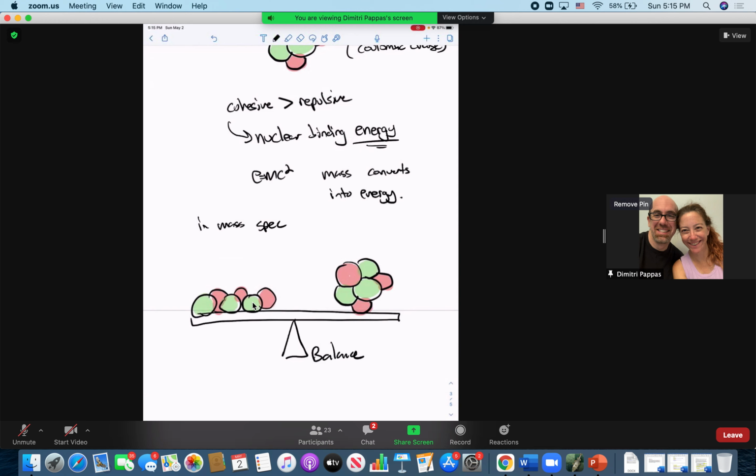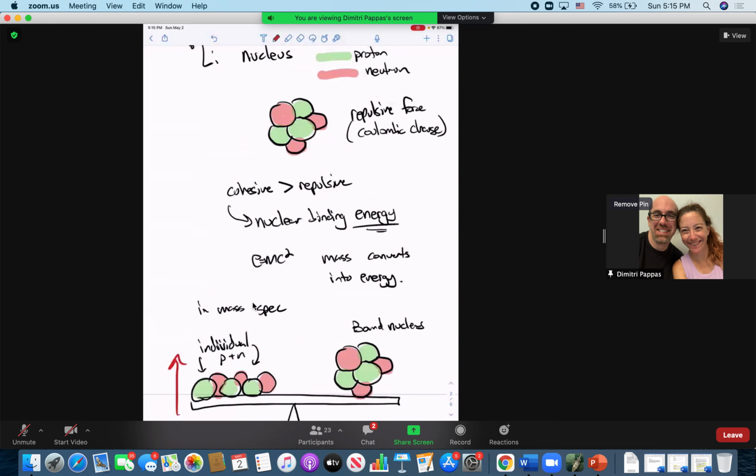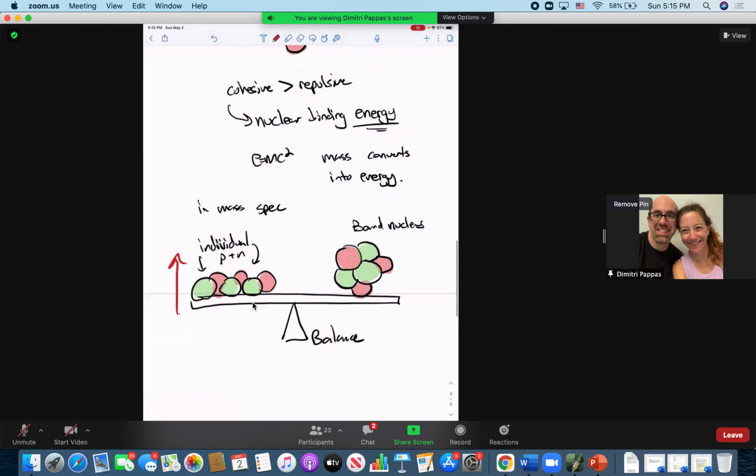All right, so if I take individual protons and neutrons versus the bound nucleus, these actually weigh differently.